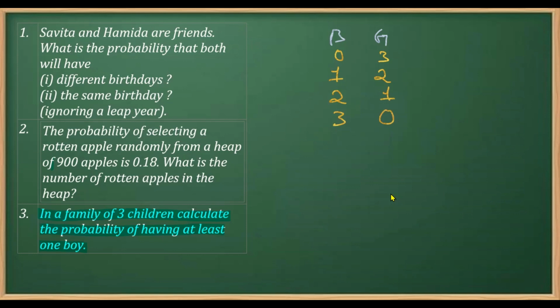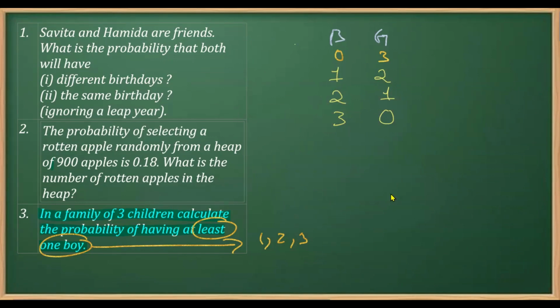Now, what we have to find out is at least one boy. So at least one means what? It can be 1, 2, or 3 boys. At least one means either 1 boy, 2 boys, or 3 boys. So these are the favorable events if I mark them.